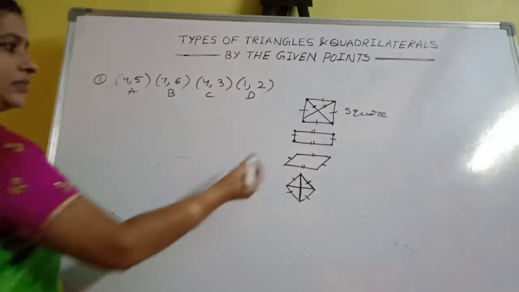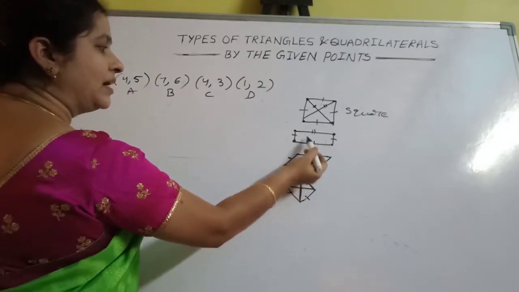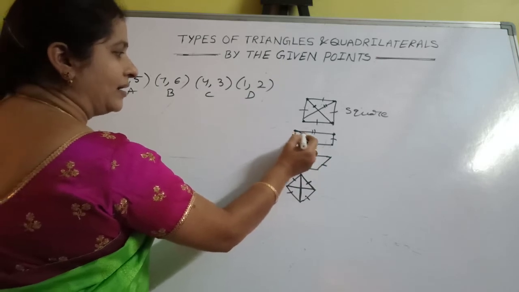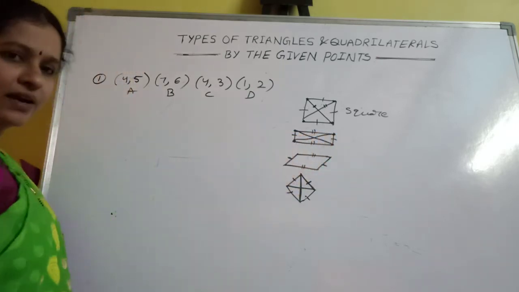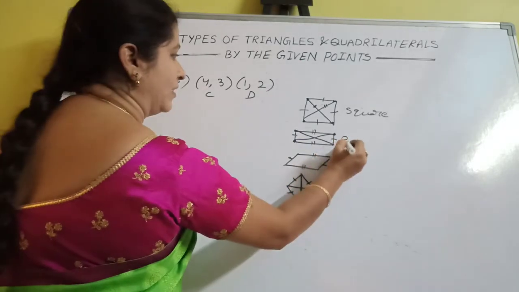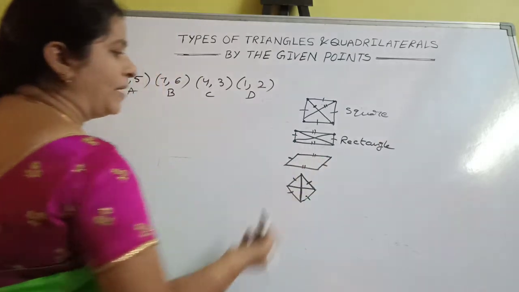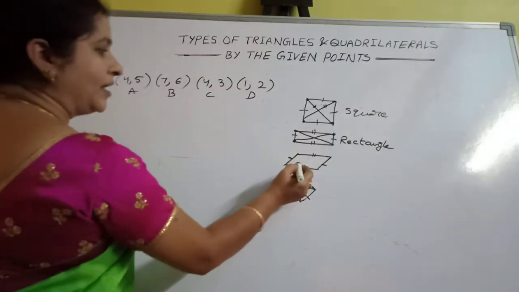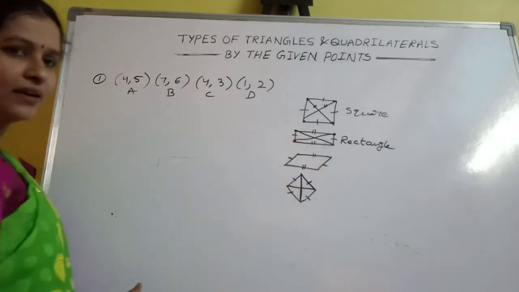Rectangle, see the rectangle. What are the properties of a rectangle? Opposite sides are equal and diagonals are also equal. Parallelogram, in a parallelogram you only have to prove opposite sides are equal.